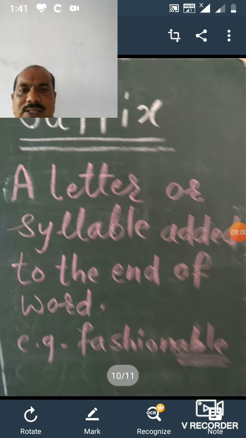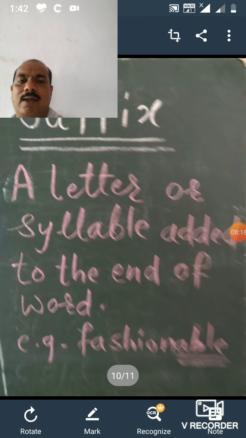In the suffix process, a letter or syllable is added to the end of the word.